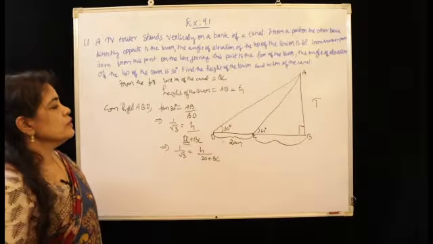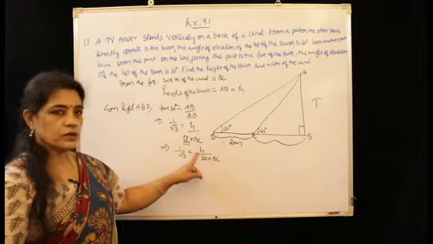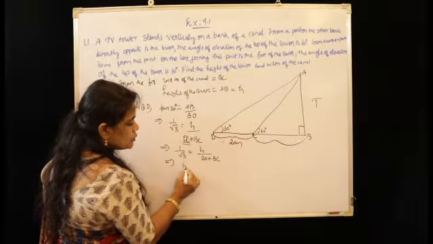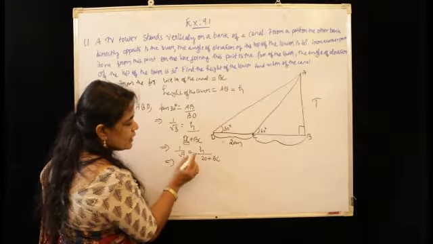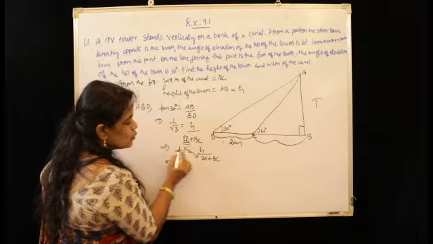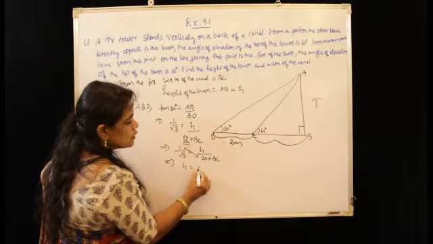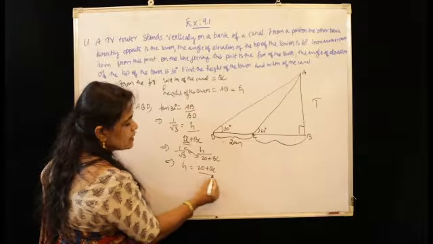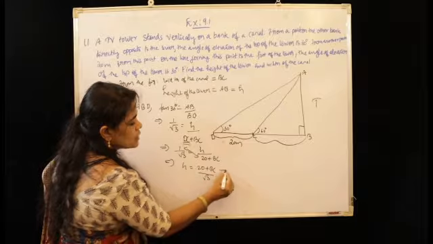Okay, so I am going to write this in terms of h. Okay, so h equal to, for that I am cross multiplying this denominator with 1. So 20 plus BC and this denominator root 3. Let it be equation number 1.